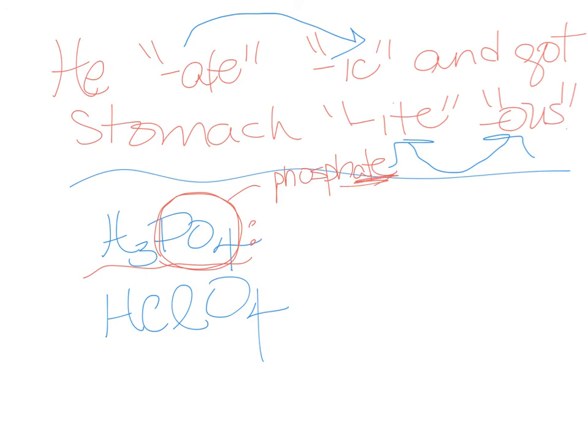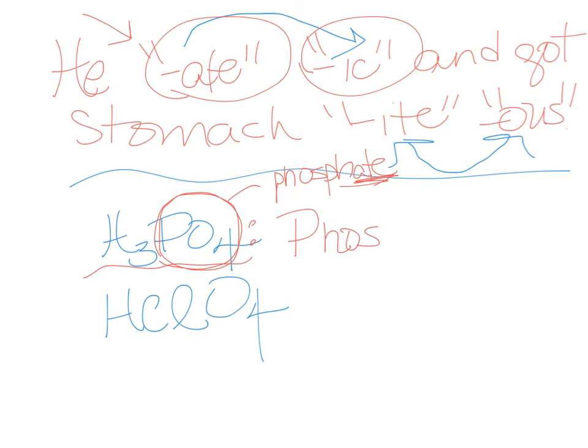Now look, use my little memory trick or the rules, whatever works better for you. If the polyatomic ion ended in ate, the acid must end in ic. So instead of writing phosphate, we'll write phosphoric acid, and that's the name of it.